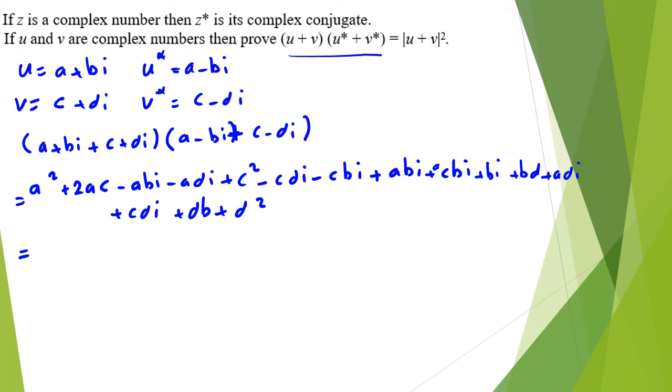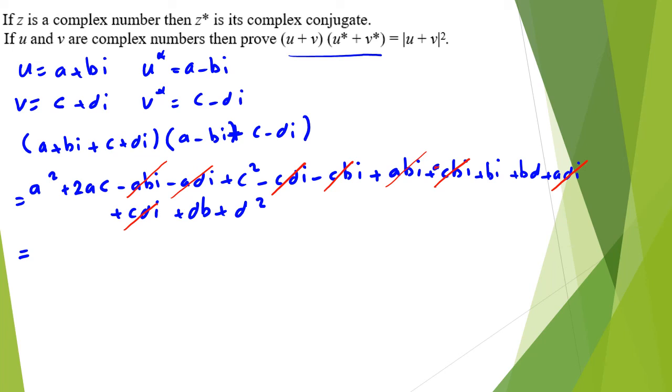So abi negative with positive abi, negative adi with positive adi, this one here, and you've got negative cdi. I think all the i's will go with negative, positive cdi and another negative with that one, so that didn't have an a, sorry, and I think that's it.